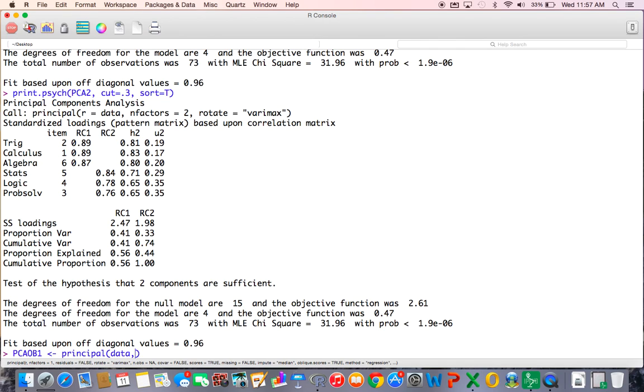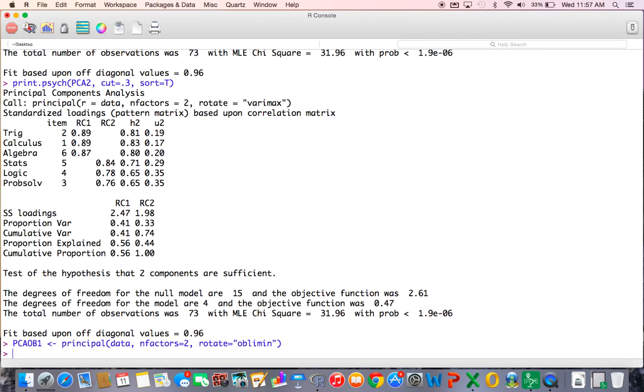It gives us the option of doing orthogonal and oblique rotations. But the rotate I want to use here is OBLIMIN, I do believe. Yeah. So I got PCA OB1.